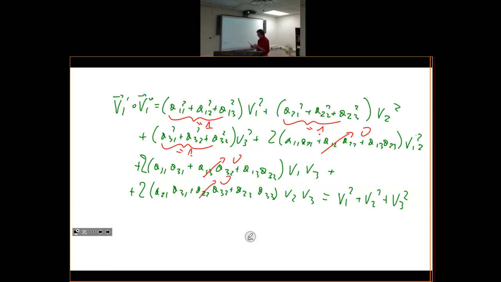So in other words, the squares of the components of each row of this matrix sum to 1, and the mixed products are 0. Okay?